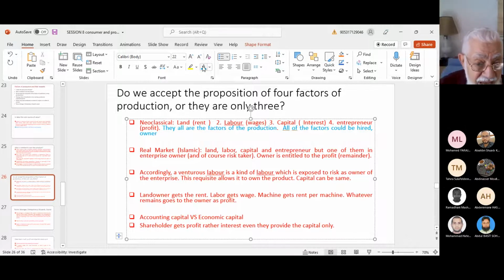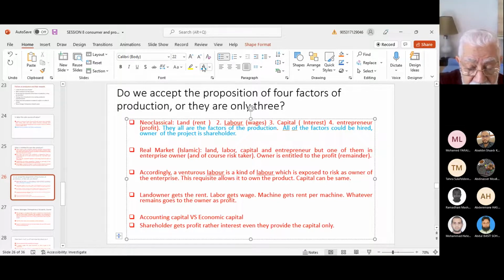This kind of analysis means what? It means that each of the factors of production may enter the production process either as owner and then become risk taker, and then it deserves the profit, but it also bears the losses.